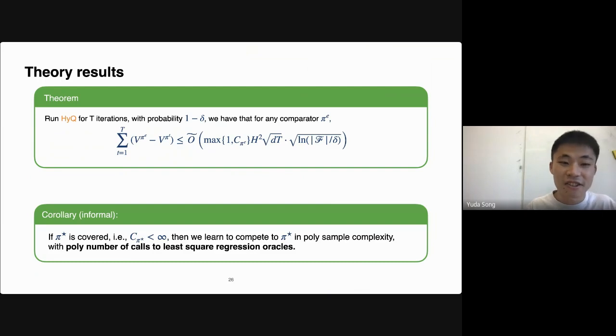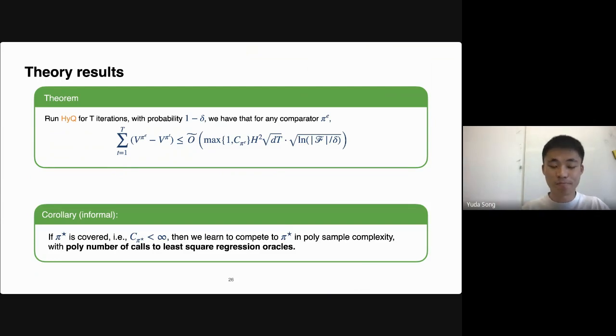And let's say even in a nicer situation where the optimal policy is covered by the offline dataset, then we can compute the optimal policy in a polynomial number of samples. And more importantly, we only need a polynomial number of calls to the least square regression oracles.